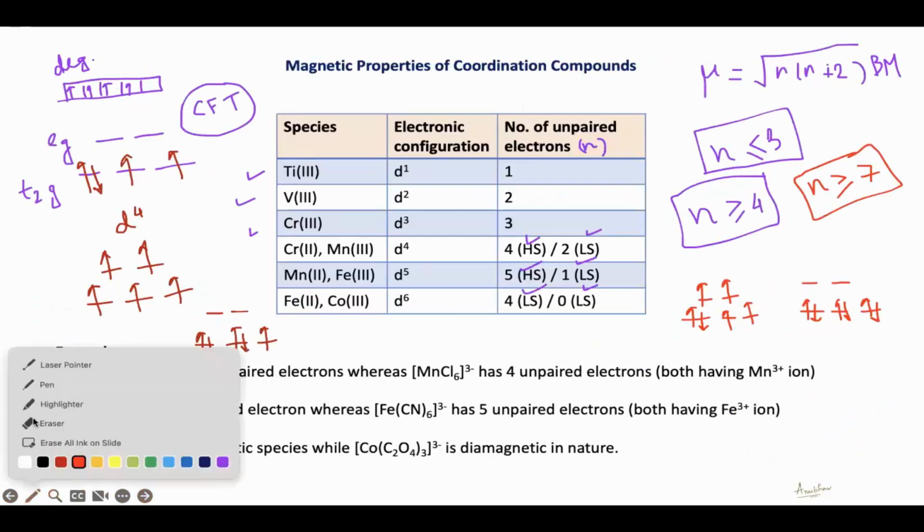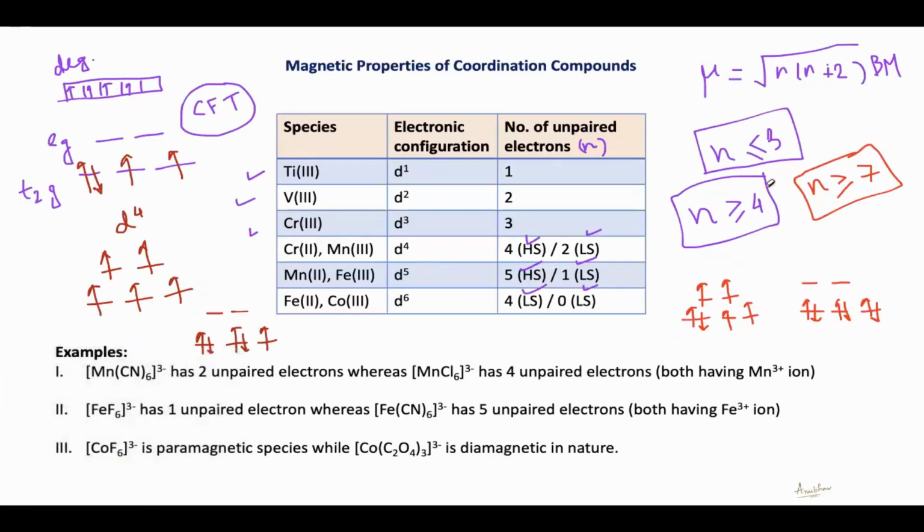Let me show you with an example. Let's say we are talking about the d7 system. So one I will fill up in the high spin mode, and another I will fill up in the low spin mode. In the high spin case, we are having 1, 2, 3, 4, 5, 6, and 7.